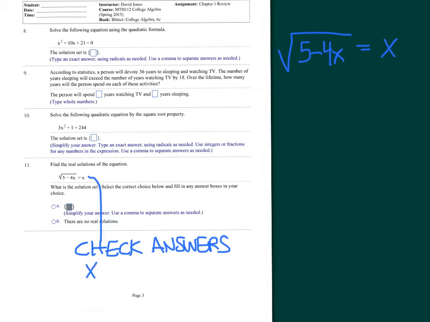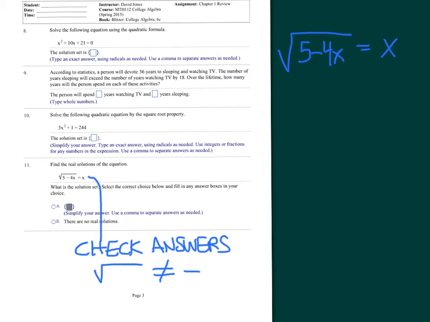Let's say this a different way. The square root cannot be equal to a negative number. So if we plug x back in, in this case, x is just by itself. So if x is negative, that won't work. So that answer we throw away.